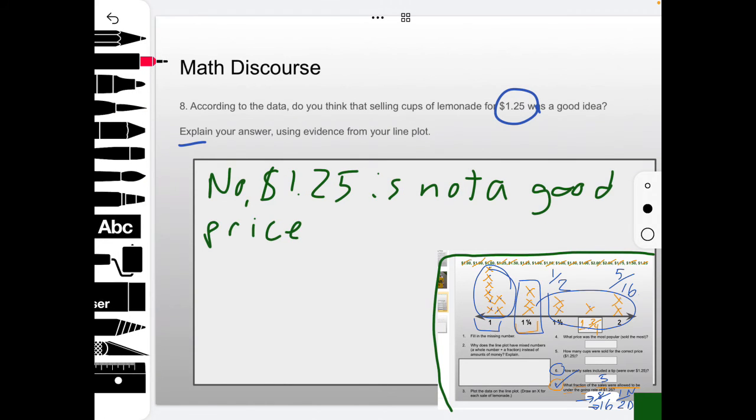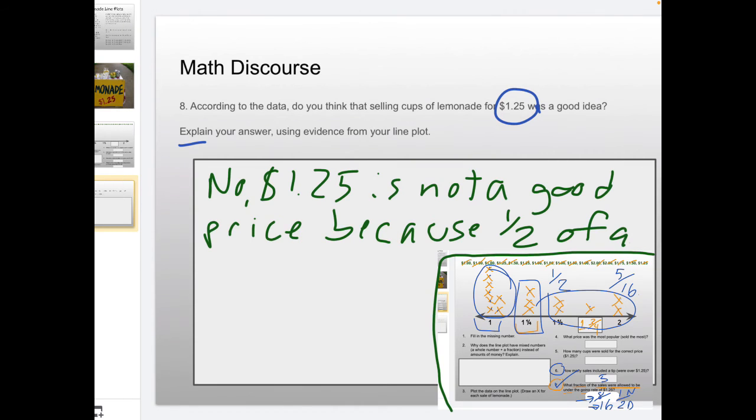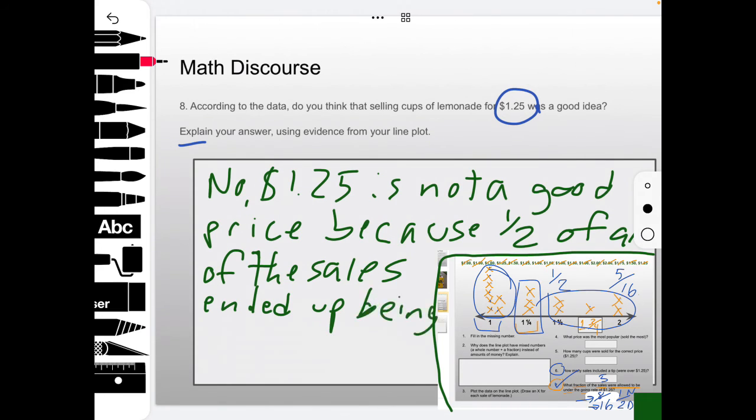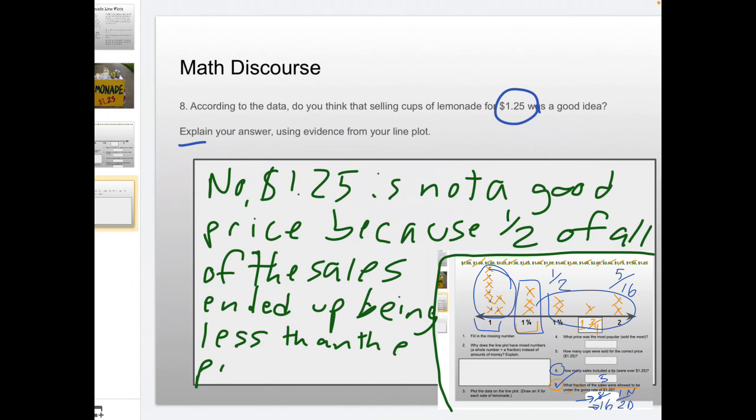and then you should have given an explanation because, sorry, my penmanship is so bad, but because half of all of the sales ended up being less than the price.